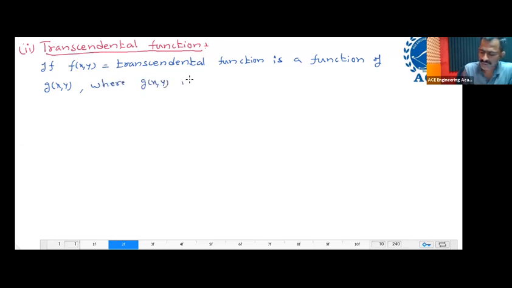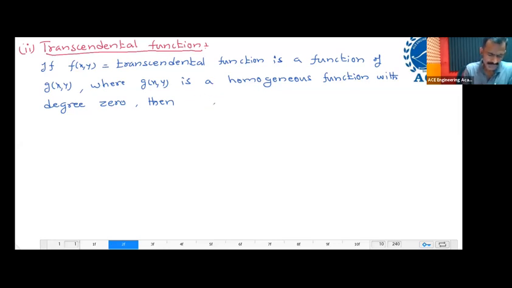g of x comma y is a homogeneous function with degree 0, then f of x comma y is a homogeneous function with degree 0.